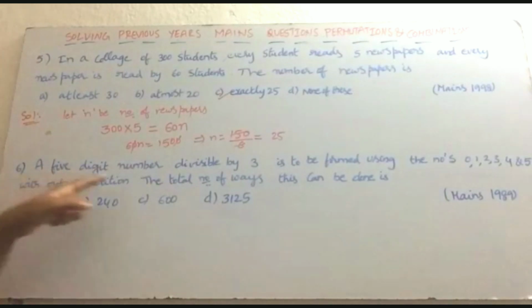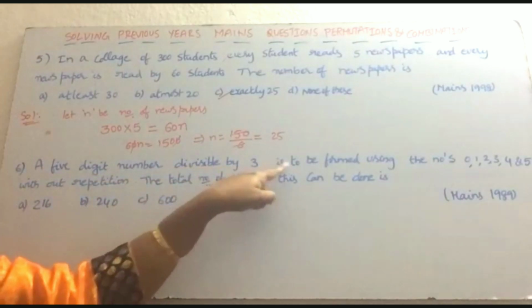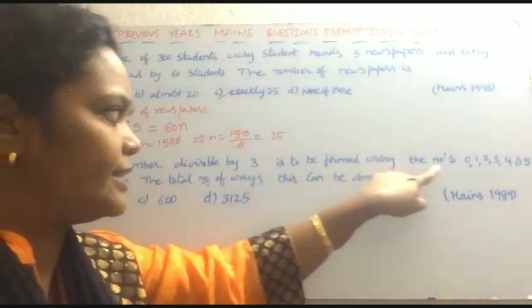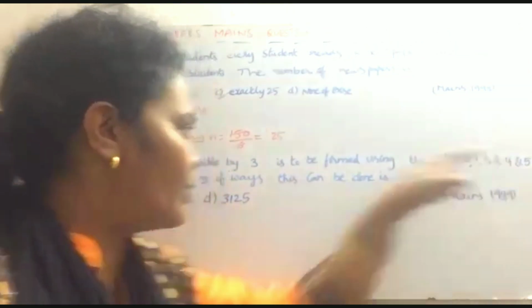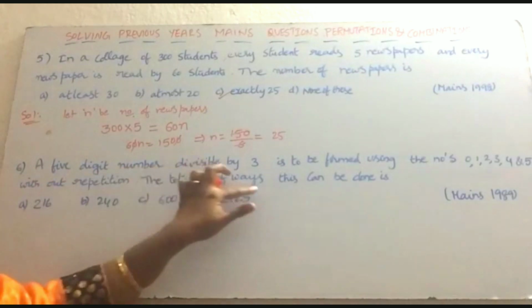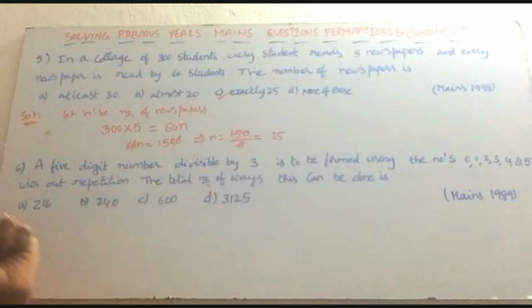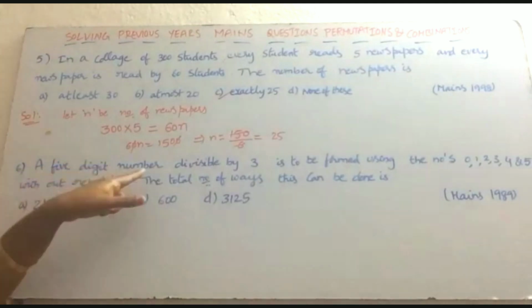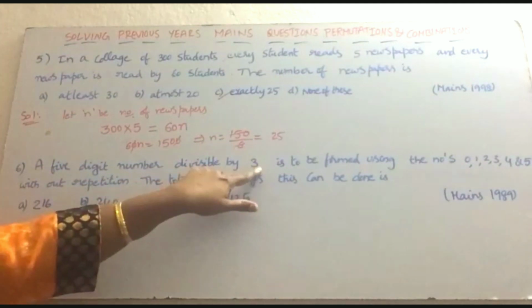And next, a 5-digit number divisible by 3 is to be formed using the numbers 0, 1, 2, 3, 4 and 5 without repetition. The total number of ways this can be done is. So the 5-digit number divisible by 3.